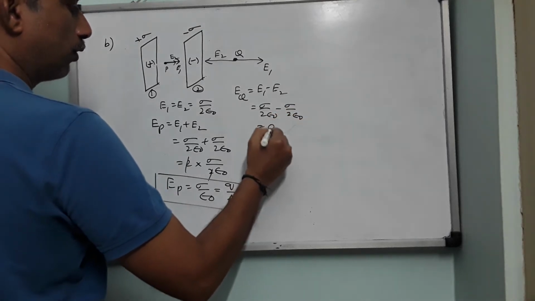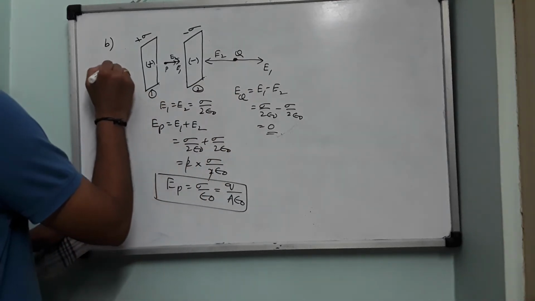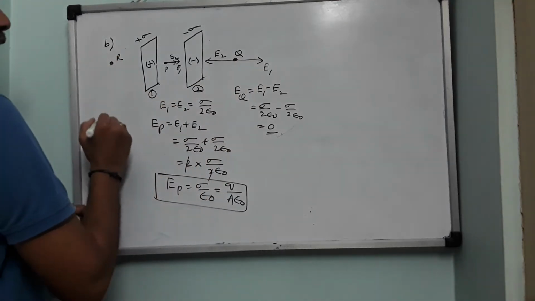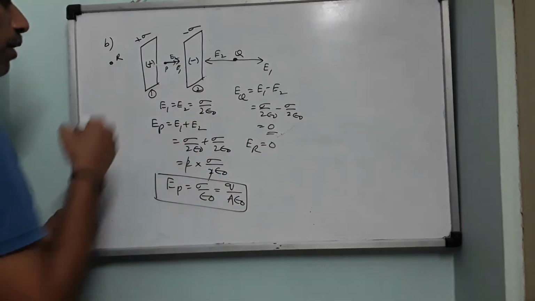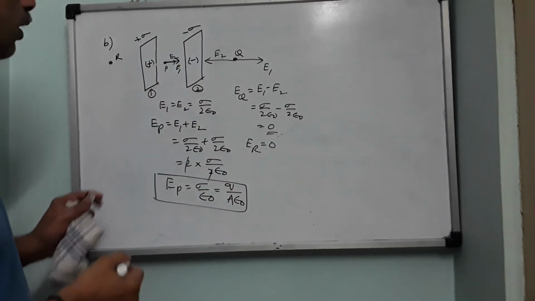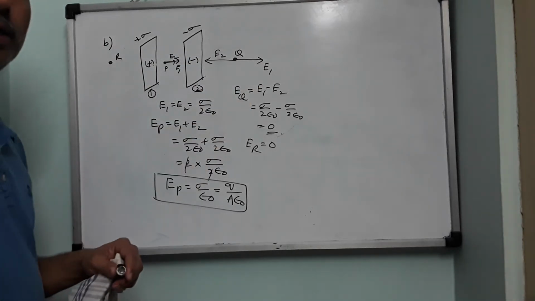So net field is going to be 0. At Q electric field is 0. If you take any point here R, here also electric field is going to be 0. So this type of system can produce electric field only in between the plates, but outside the plates electric field is going to be 0.